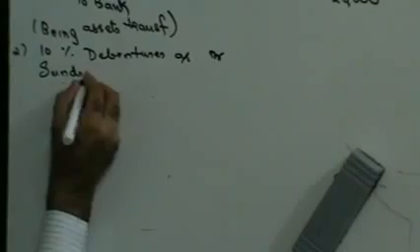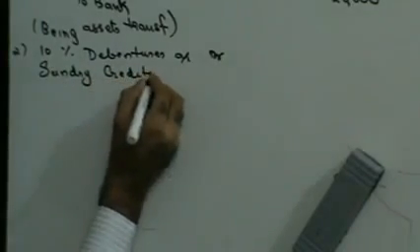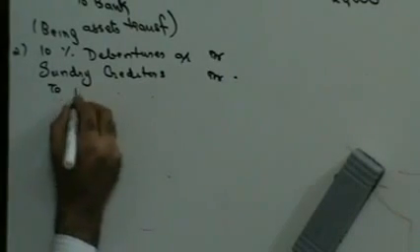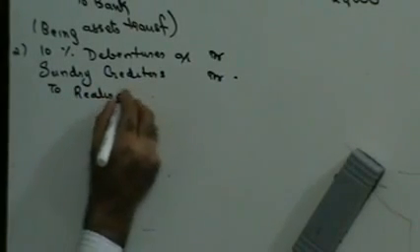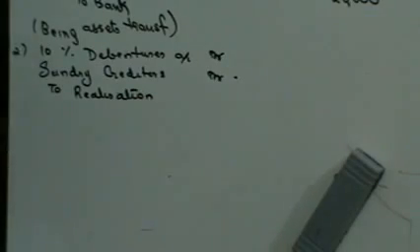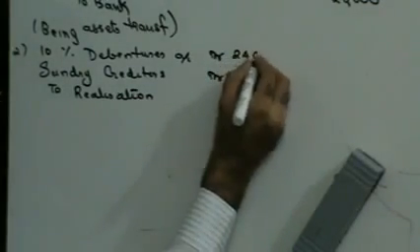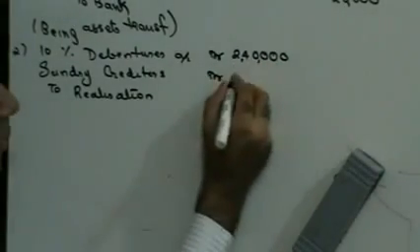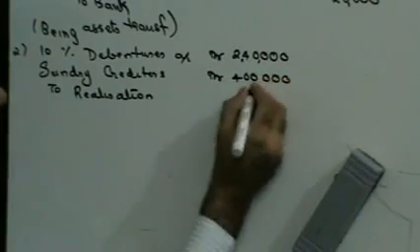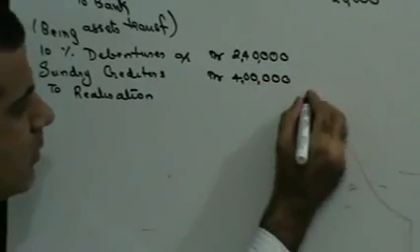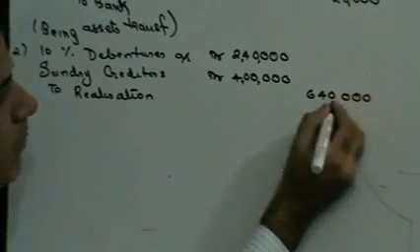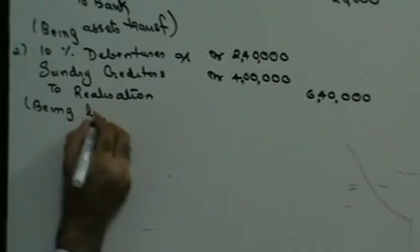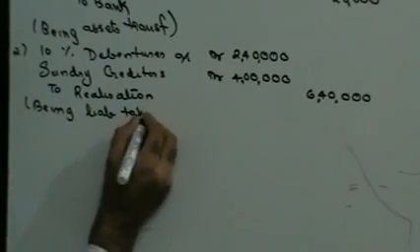Sundry creditors account debit. To realization. Right? 10% debentures is 2,40,000. Right? Sundry creditors is 4 lakhs. So this is 6,40,000. Being liability is taken over.